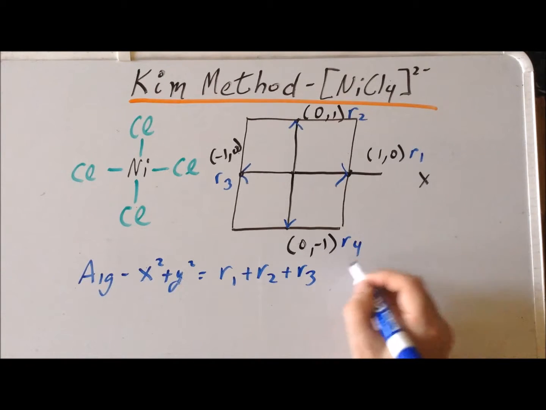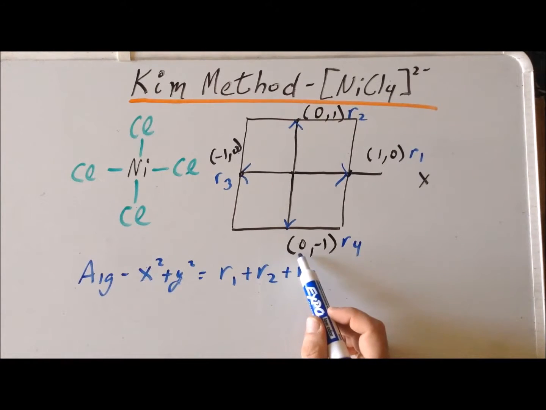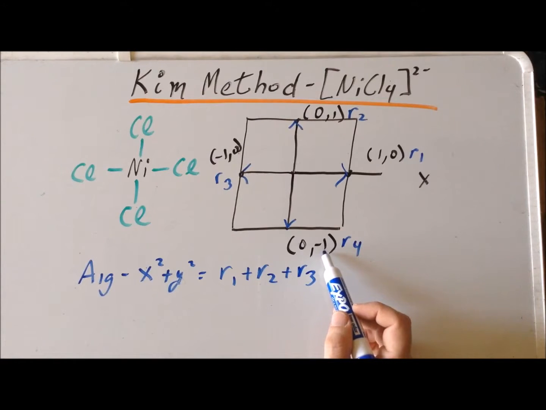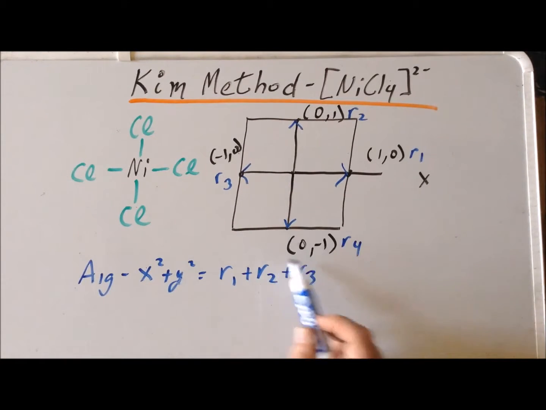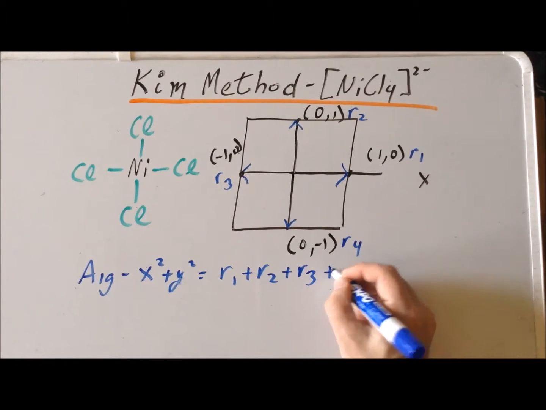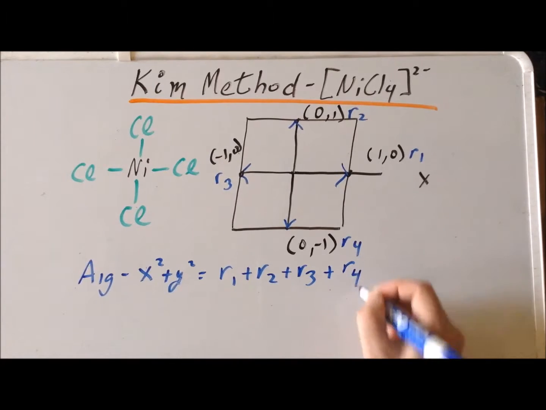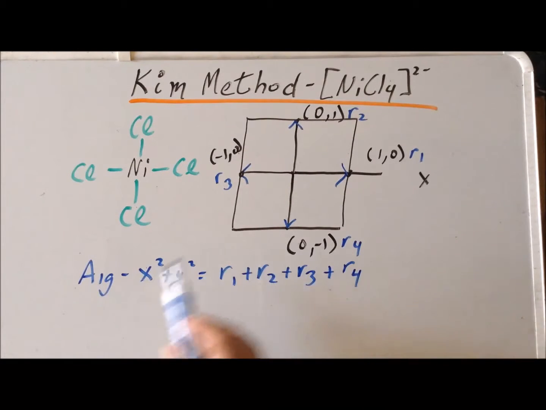And for R4, x is equal to 0, y is equal to -1, x squared plus y squared gives us 1. That is the coefficient of R4. So our molecular vibration here, the stretch, is going to be R1 plus R2 plus R3 plus R4.